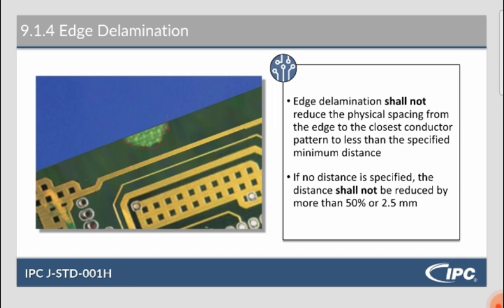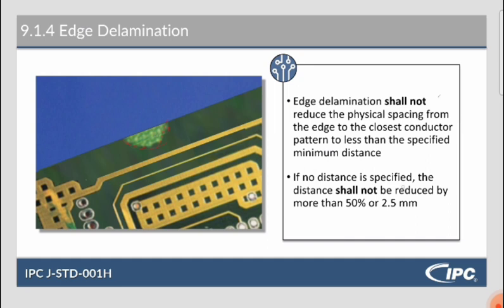The edge delamination shall not reduce the physical spacing to less than the specified minimum distance. Again, that's an engineering determination. Your work instructions would call that out. It shall not reduce the physical spacing from the edge to the closest conductor. So this would probably be a defect because it's coming really close to that conductor.